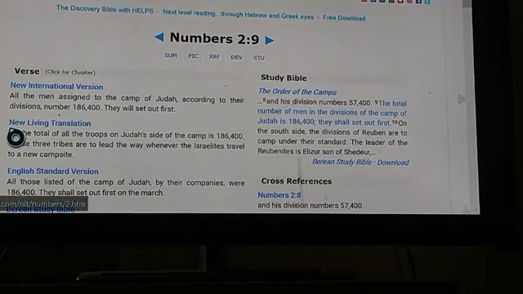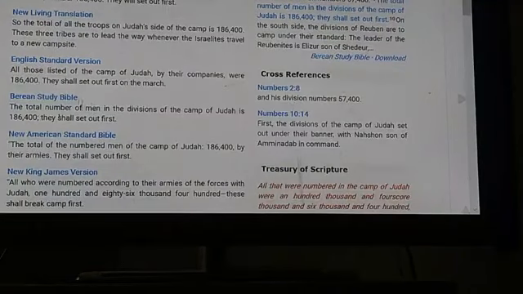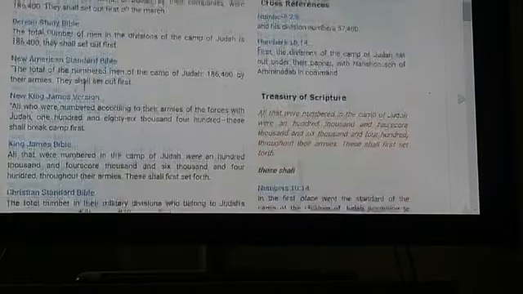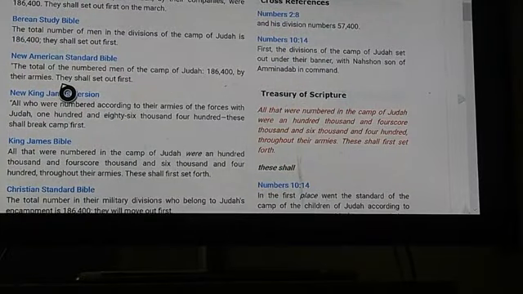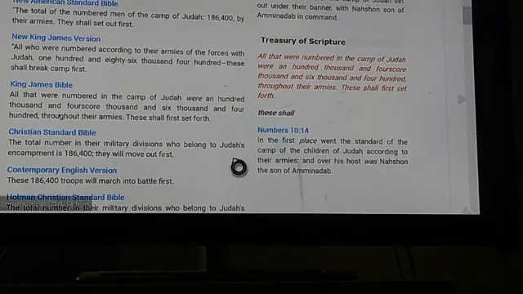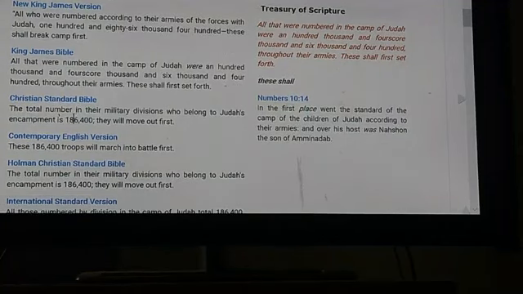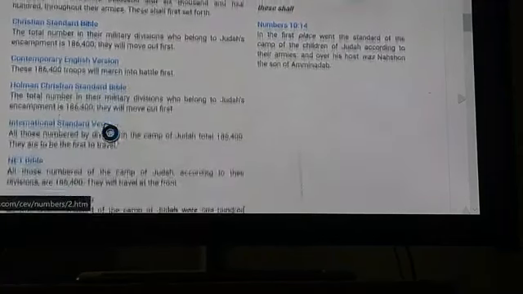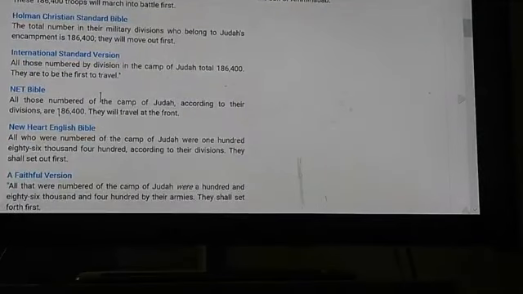All the men assigned to the camp of Judah, numbered... the speed of light. The speed of light in all the different versions. Look.